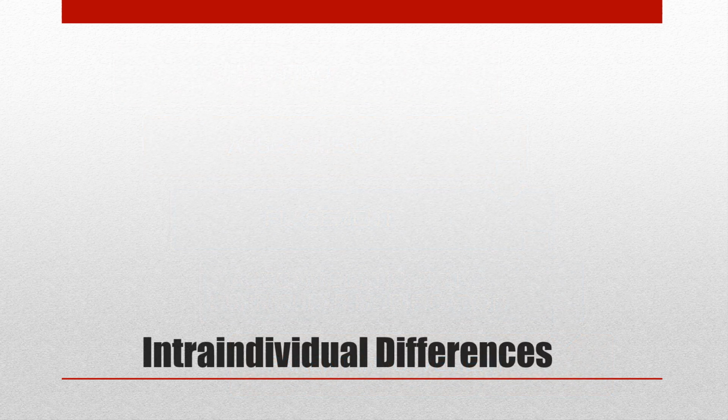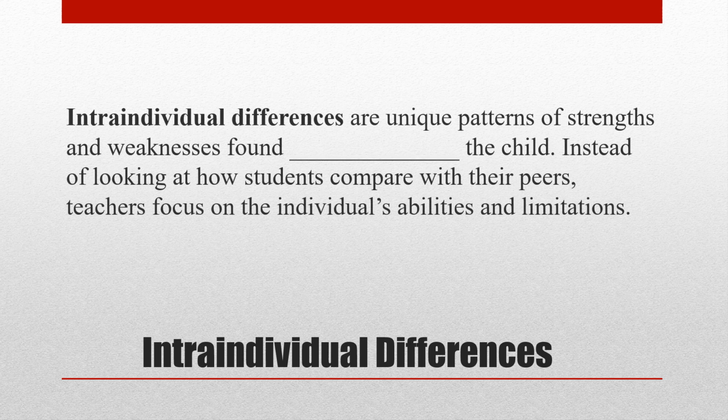As we proceed to the different components, let us differentiate first intra-individual differences and inter-individual differences. Intra-individual differences are unique patterns of strengths and weaknesses found blank the child. Instead of looking at how students compare with their peers, teachers focus on the individual's abilities and limitations.